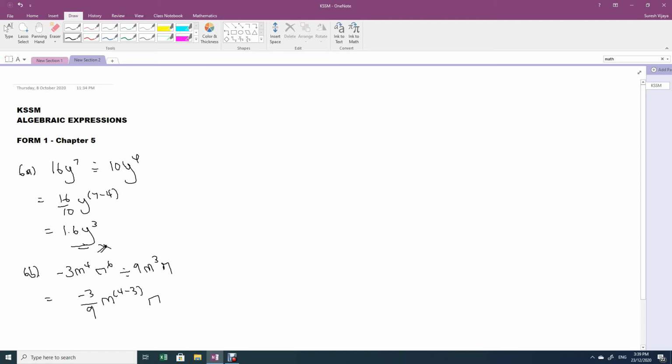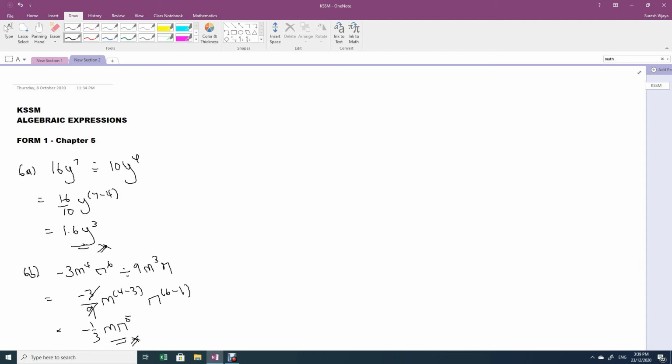Then for n, we use 6 minus 1. So this will be negative 1 over 3, then m, because 4 minus 3 is 1, and n to the power of 5, because 6 minus 1 is 5. So there is 6b.